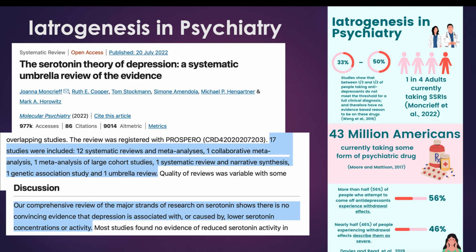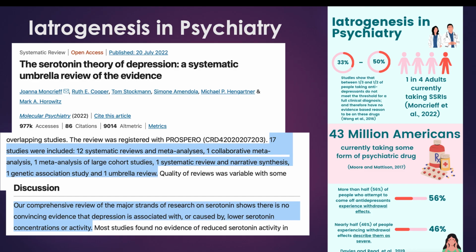However, it has shown through the conclusions that it's drawn that low levels of serotonin do not cause depression. They do not cause depression, and they are in no way associated with depression.